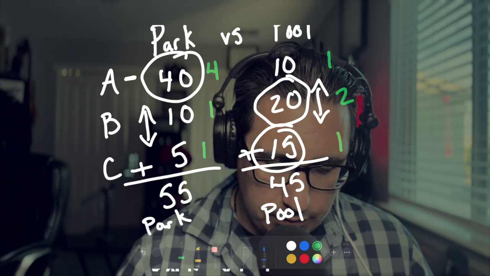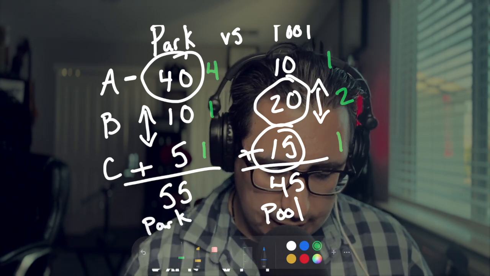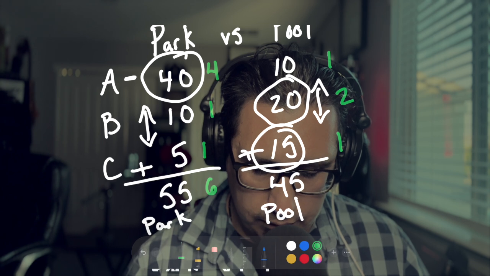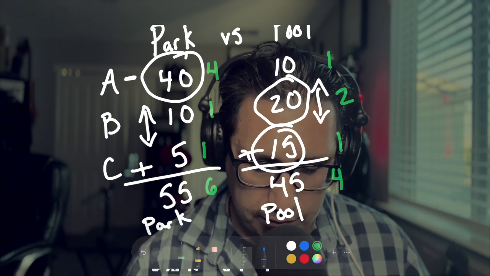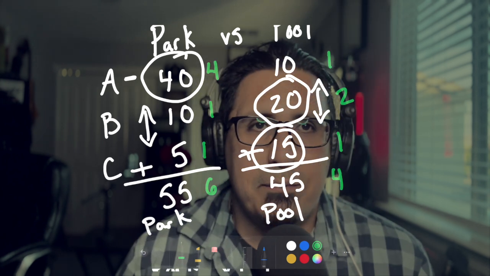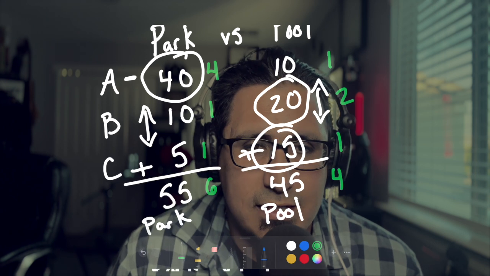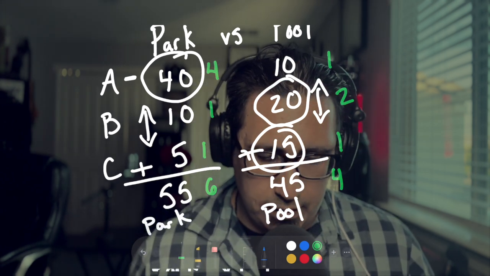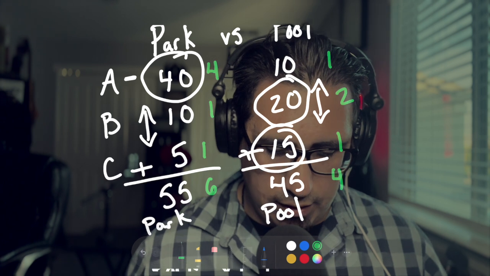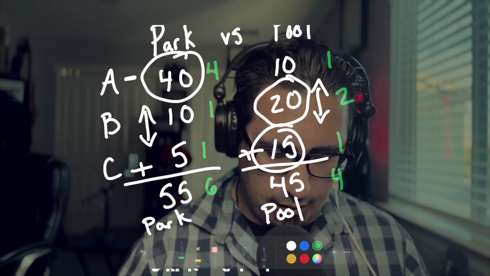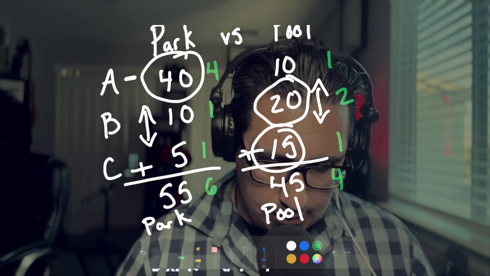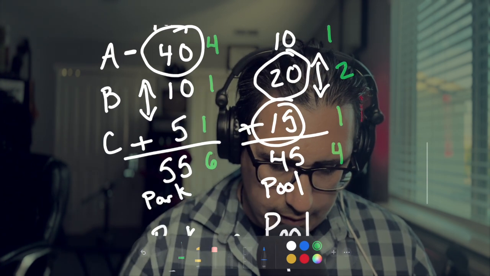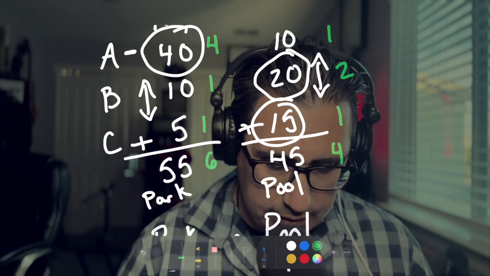So that equals 4, 5, 6 House votes, 2, 3, 4. So 4 representative votes, 6 representative votes, but we still have the senators, and the senators still go for the full representation. So Park has 6 representatives.